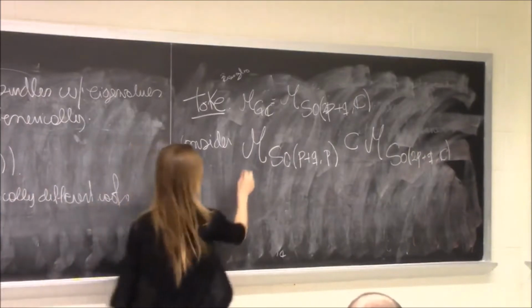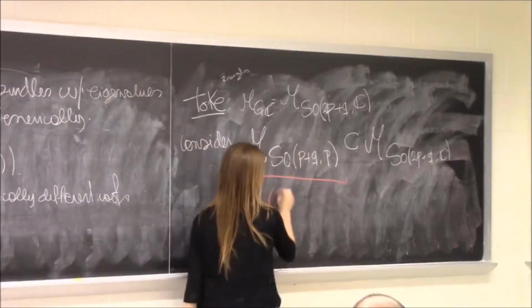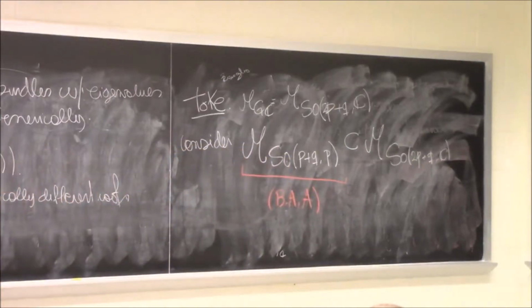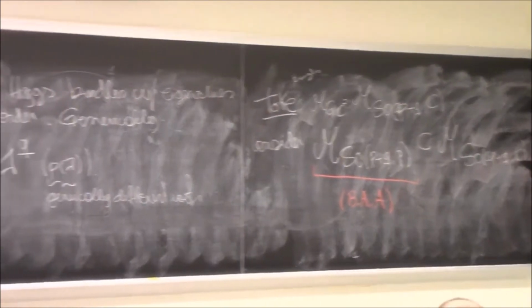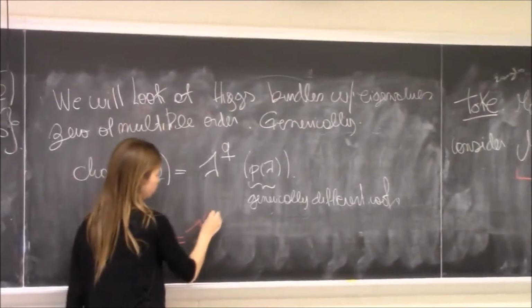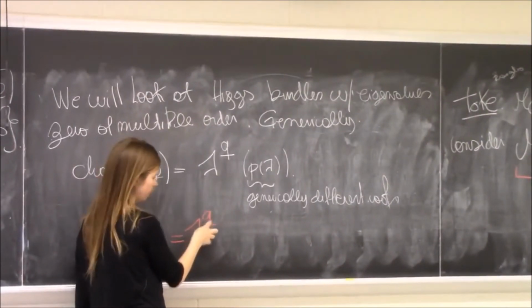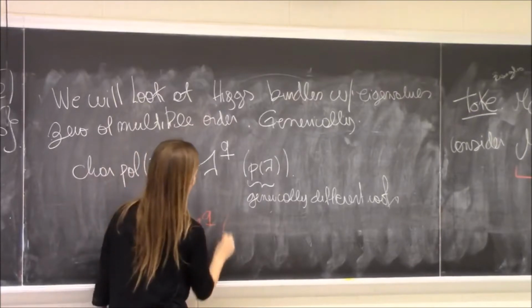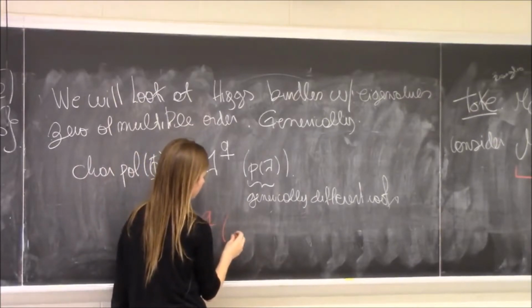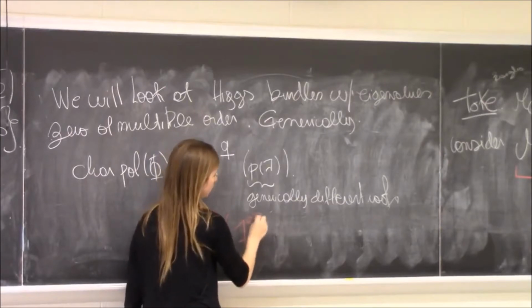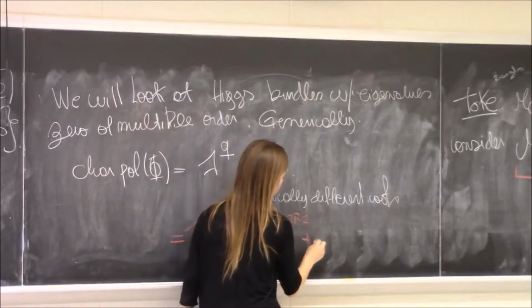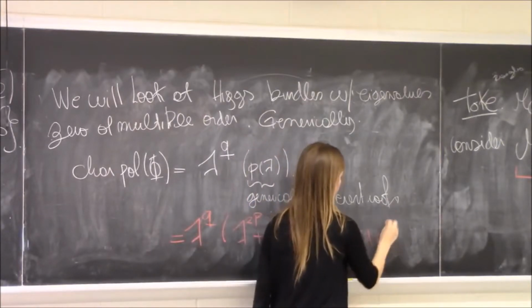What happens with this moduli space? First nice thing, this moduli space is a BAA brane. So it's a BAA brane, and when we look at the characteristic polynomial of Higgs fields there, what we get is that this is lambda to the q, so it has an order q zero, and the other polynomial is going to be lambda to the 2p plus a_1 lambda to the 2p minus 2, up to a_p.